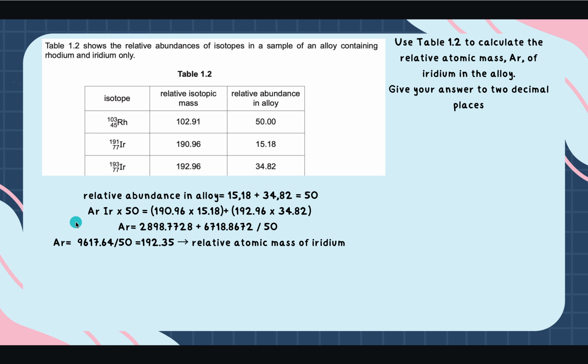And so the AR of iridium times 50 equals the sigma of the relative abundance in alloy times the relative isotopic mass.